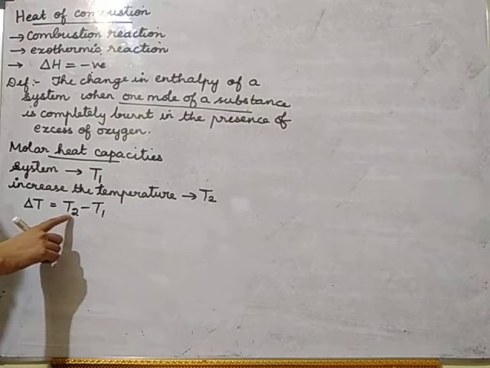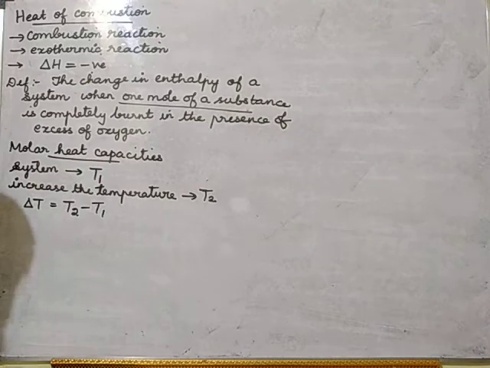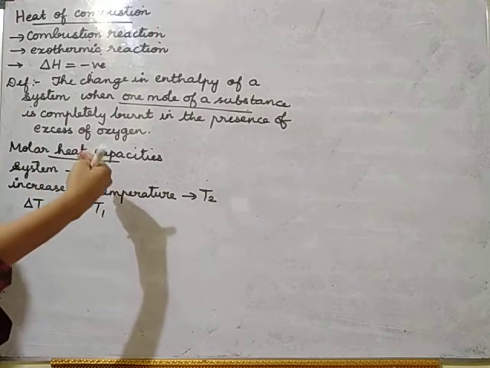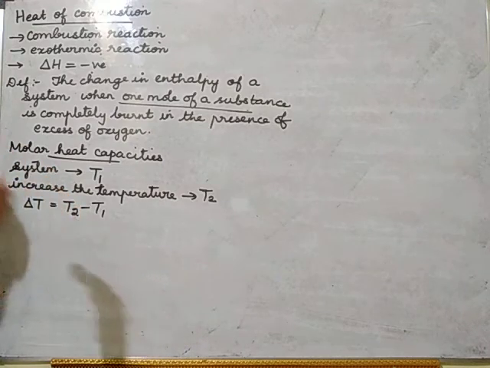Delta T is equal to T2 minus T1. This is the increase in temperature. When will the temperature increase? When you supply heat. When you supply more heat, there will be more increase; when you supply less heat, there will be less increase.